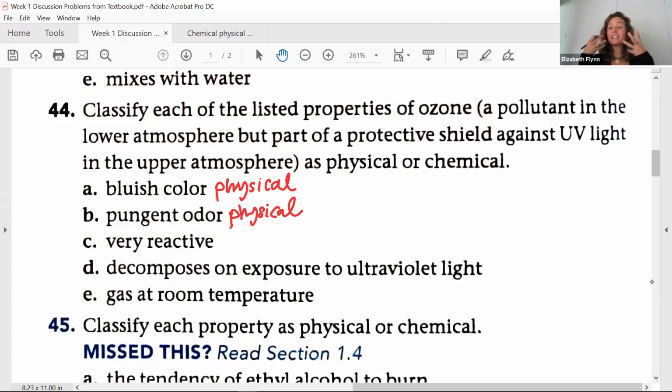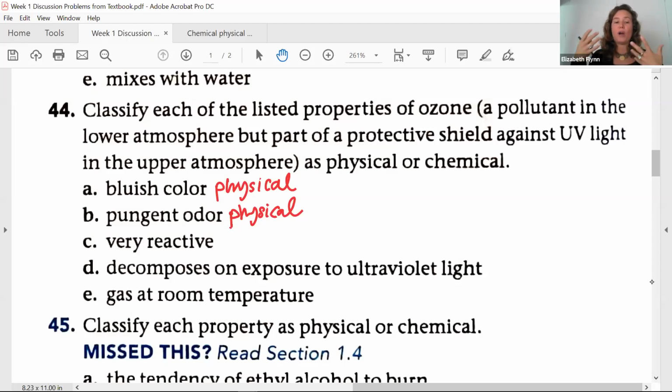Right. And the reason we should be thinking about this: for the bluish color, do we have to change the composition of the ozone to observe its bluish color? No, we don't. That's the question we should be asking ourselves. Do we have to change the composition? No. So that's a physical property. Its pungent odor: we can waft a sample of ozone, it's a gas, we can smell it without changing its composition.